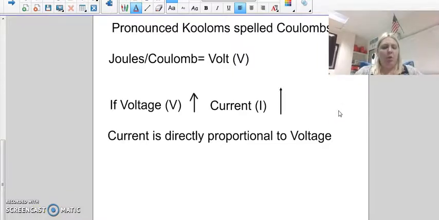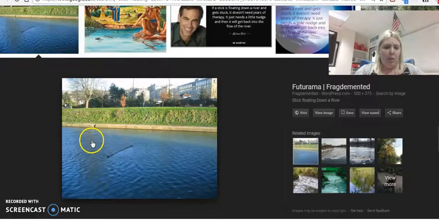If we want to measure current, the best analogy I can think of to electric current is rivers, because rivers have current, only instead of electrons it's made out of water. So if I want to measure a current in a river, I would probably try and float a stick down the river and then measure how far it went and how long it took.